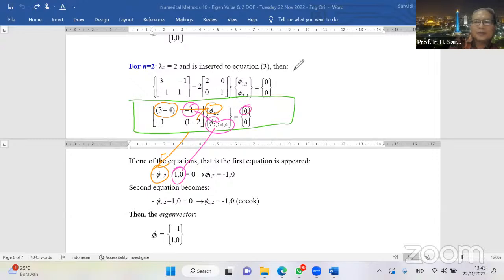Okay, we have a different color. 0 here means minus phi 1.2 becomes 1. So phi 1.2 becomes -1. Because there are two equations, we have to check the other.